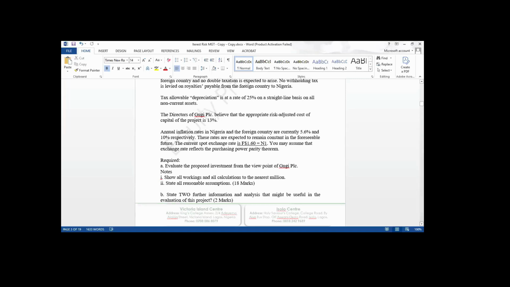The current spot exchange rate is $1.60 to 1 naira. You may assume that exchange rates reflect the purchasing power parity theorem.